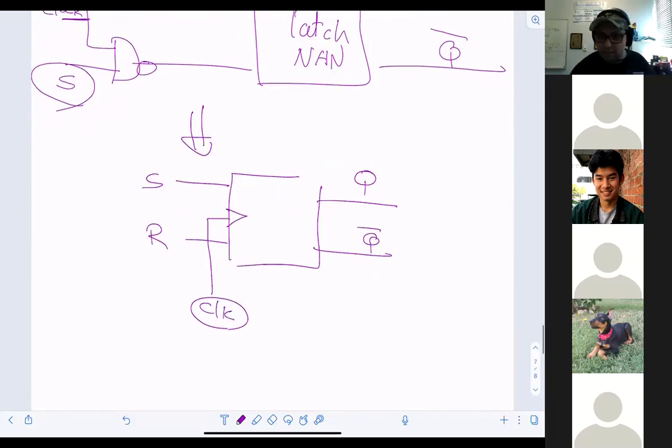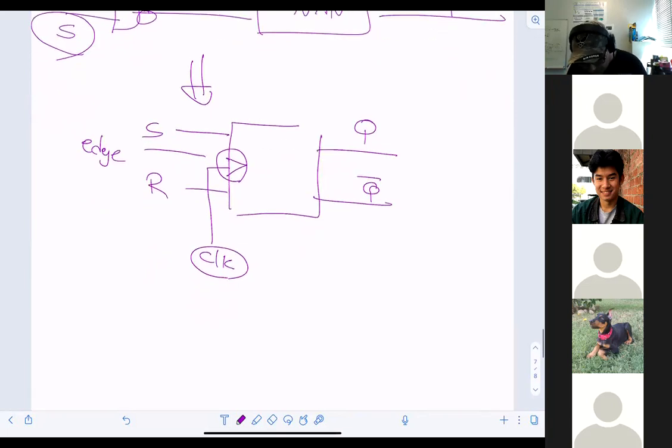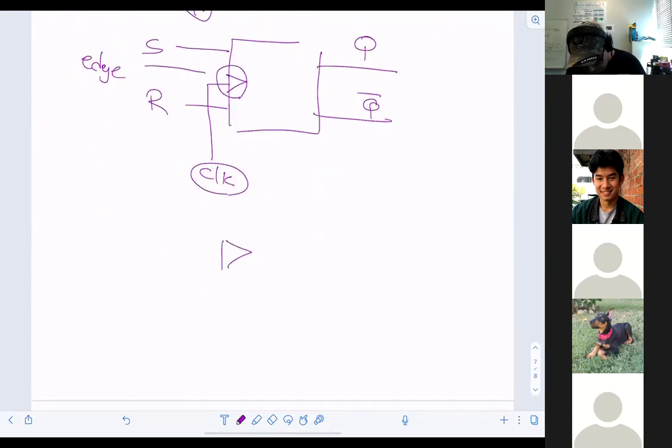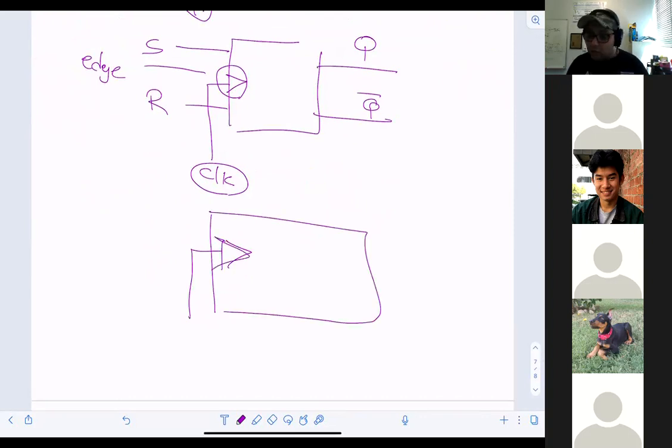What is this meaning? It means this device has to be working on the edge. And in this kind of configuration, since I made it like this, that's called, this device is reporting in the positive edge.